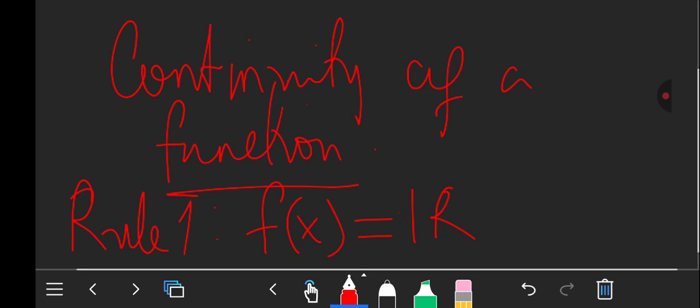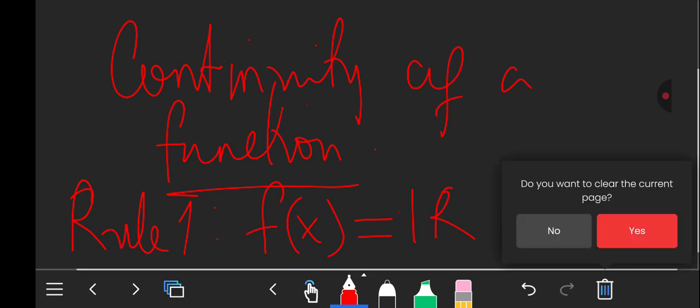Once it gives you a real number, then you proceed to the next rule. But if it doesn't give you a real number, it simply means that you need to apply other rules. If they still do not suffice, then you conclude that it is discontinuous.